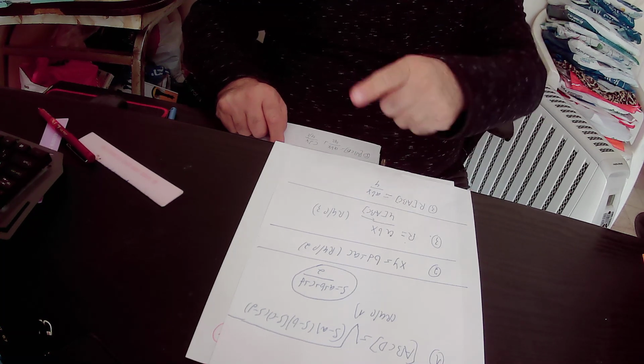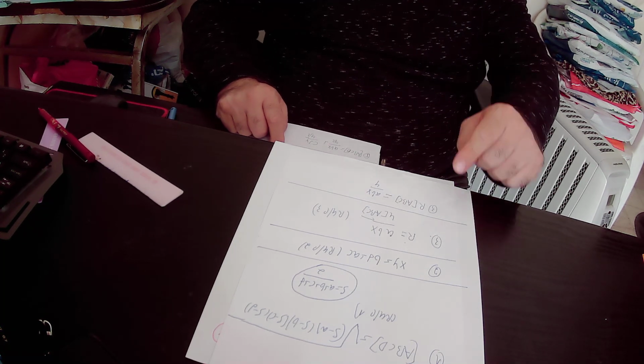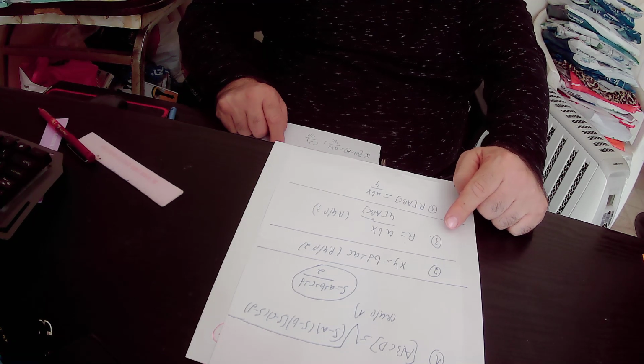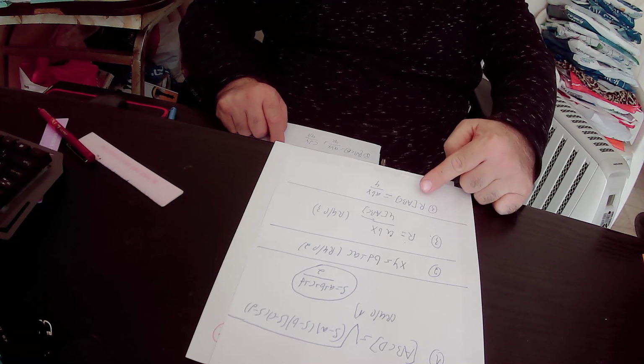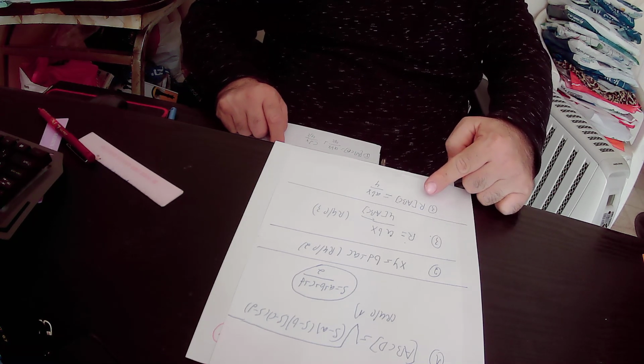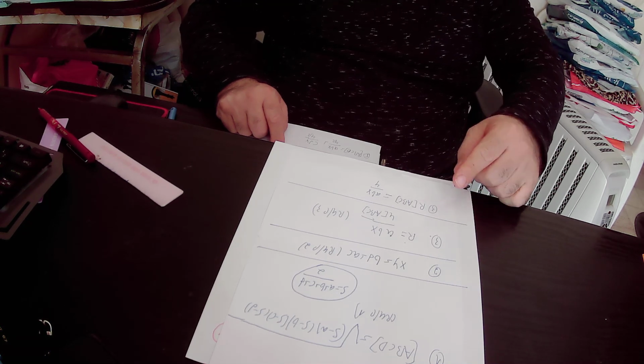That is according to rule number 3. Here we multiplied equation number 3 by the area of triangle ABC, and we got that R times the area of triangle ABC equals ABX over 4.